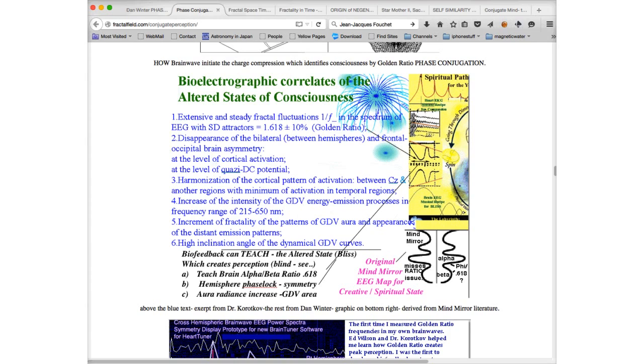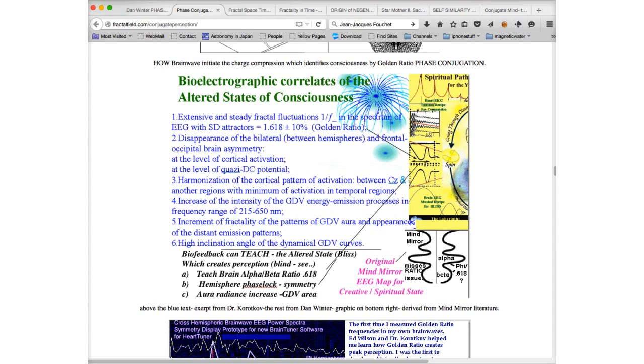Then further, if we look at the mind mirror literature here in this picture on the right, the mind mirror is a famous EEG brainwave biofeedback that displayed the right versus left hemisphere brainwave harmonics, alpha to beta here, as a symmetry between the peaks. And their definition in the brainwave map for what they call the creative or spiritual state is depicted right here.